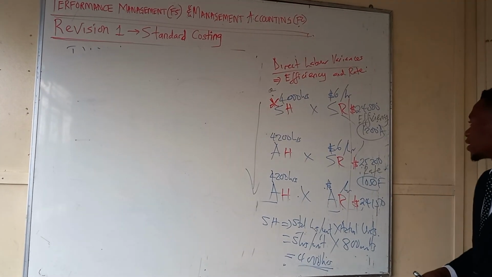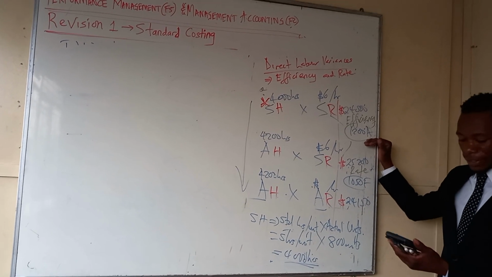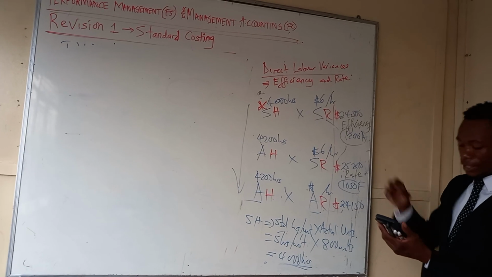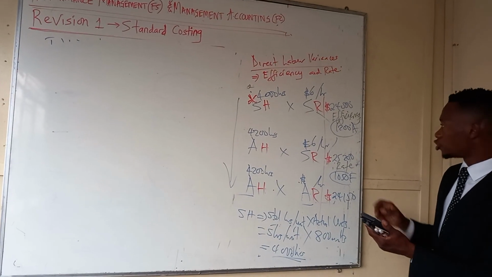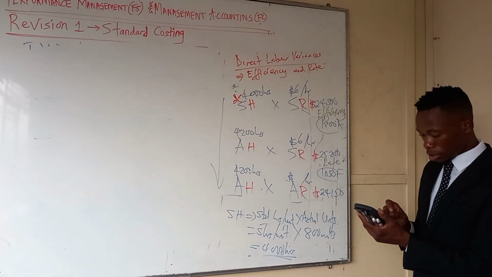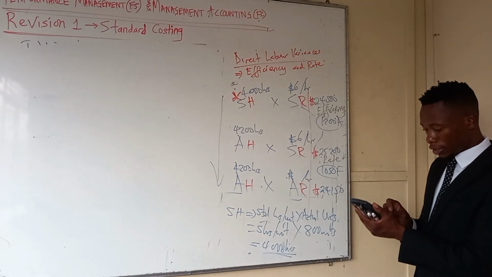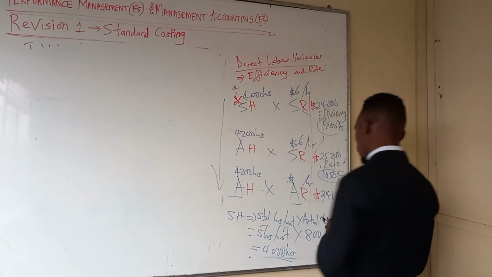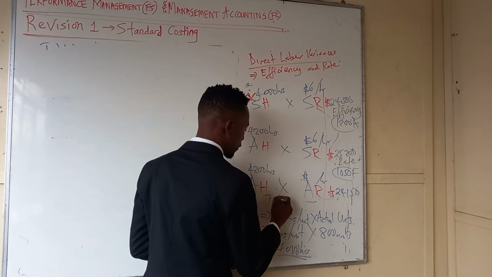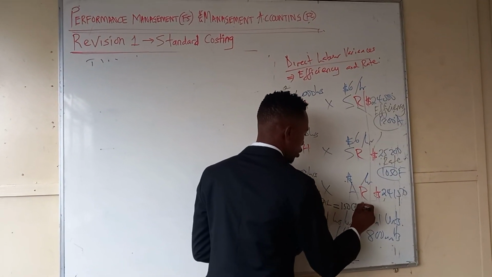Then when they ask us to give the total variance, on your adding machine, adverse represents negative. So negative 1.2, then you add the favorable of 1050. So if you say negative 1.2, then you add 1050, you get negative 150. So your total variance, that's negative 150, meaning it will be adverse.